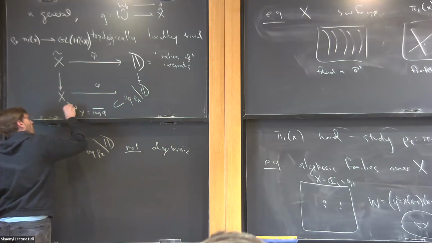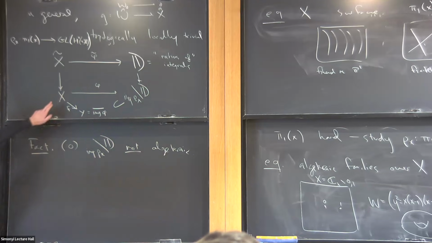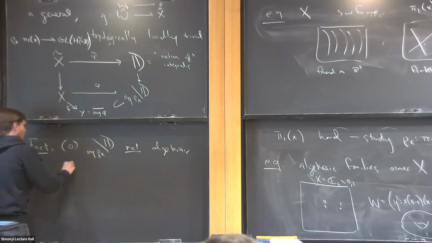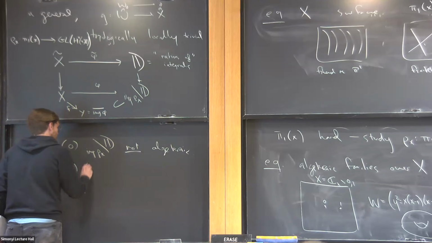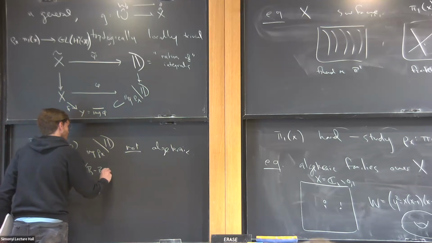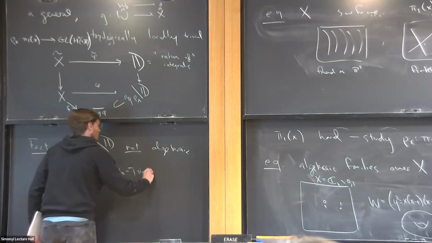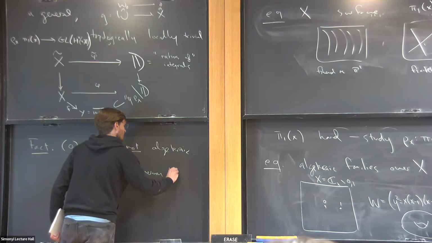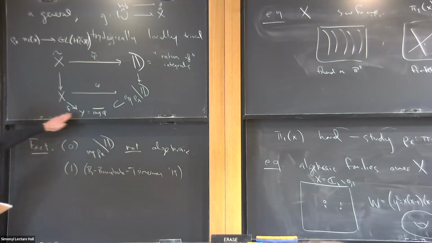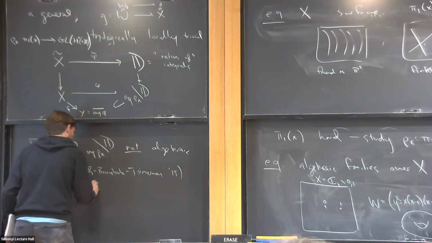So you have a map X to Y, which we call F. And it is true, this is the theorem with Johan Brunebarbe and Jacob Tsimerman from a while ago, that this Y is algebraic. So X, Y, F is algebraic.